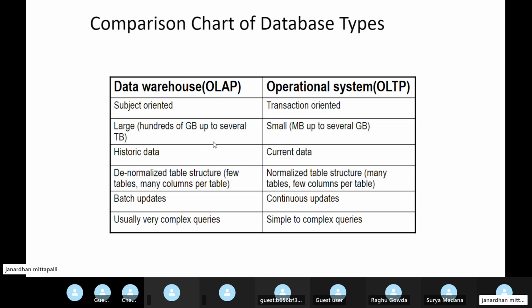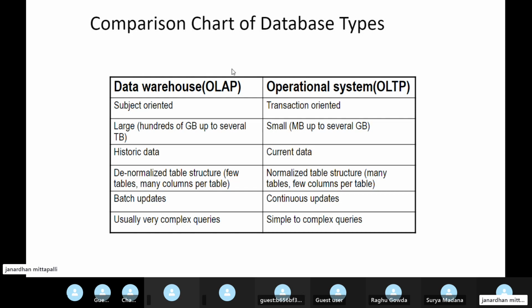OLAP has a large volume of data, OLTP has a small volume of data, and it is transaction oriented, subject oriented. OLAP is denormalized, OLTP is normalized; batch updates versus continuous; complex queries versus simple queries. This is very simple if you understand it by subject. If you try to memorize it by heart, you'll get confused.